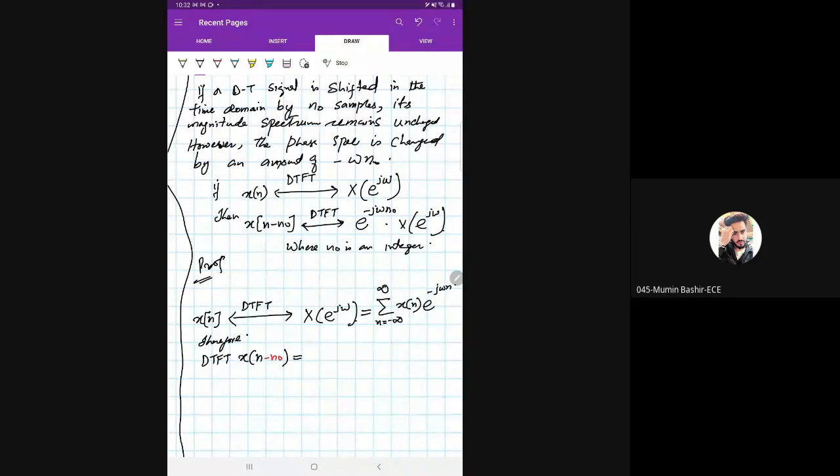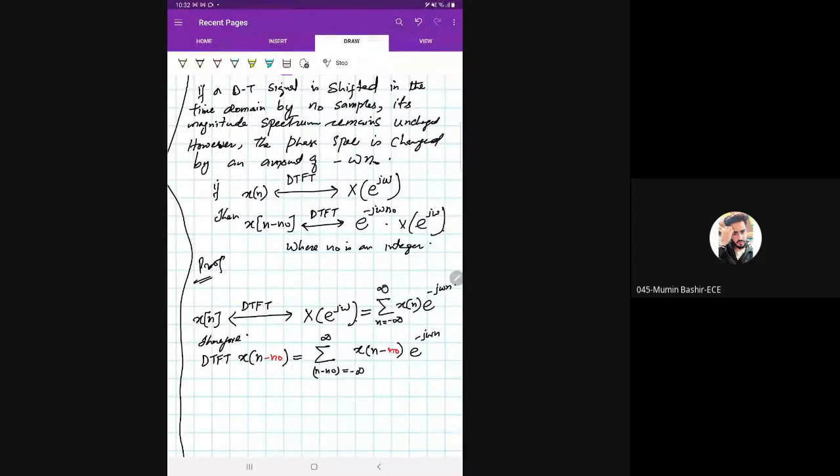So it will be equal to summation of n equal to minus infinity to plus infinity, then instead of x of n, you will have x of n minus n naught, because now the signal is x of n minus n naught, and e raised to power minus j omega n.